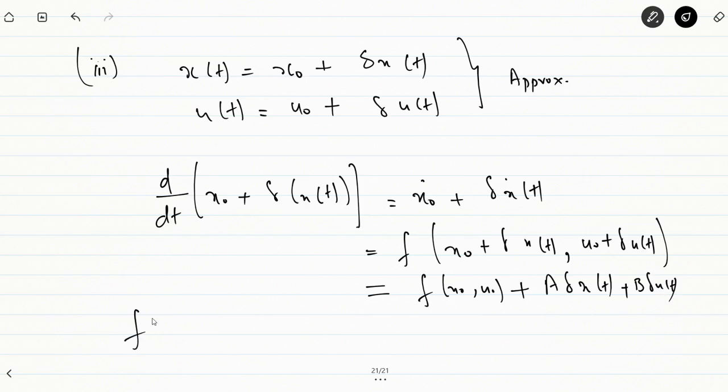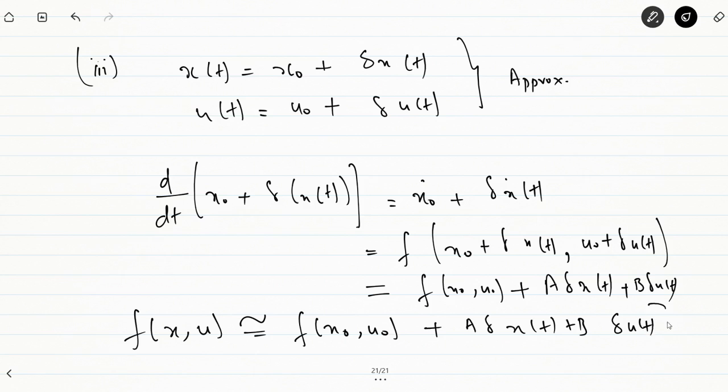What we are doing is we have a system x dot equal to f of x, u. You want to linearize it, and its output behavior will be something like this: A delta xt plus B delta ut. This is your non-linear model. The linear model of the system will be a function around the equilibrium points or the operating points, A of xt plus B of ut.